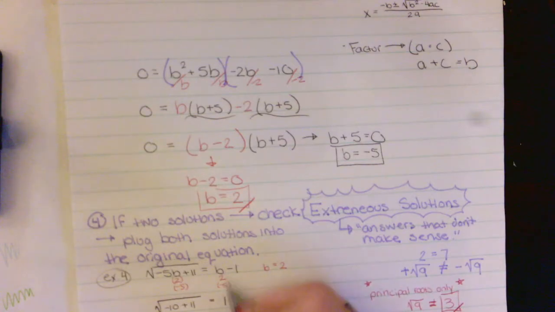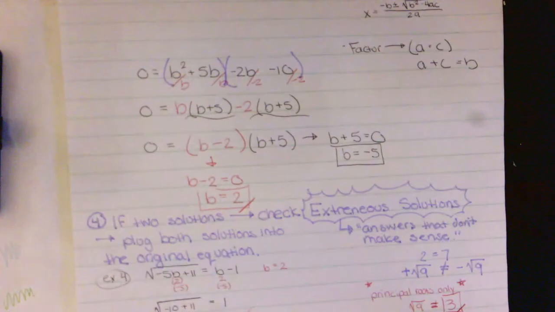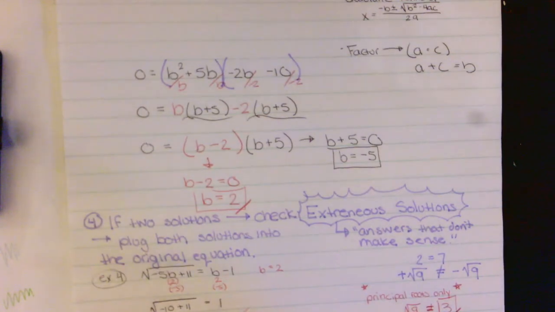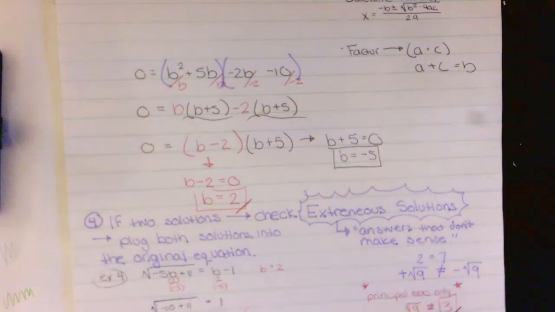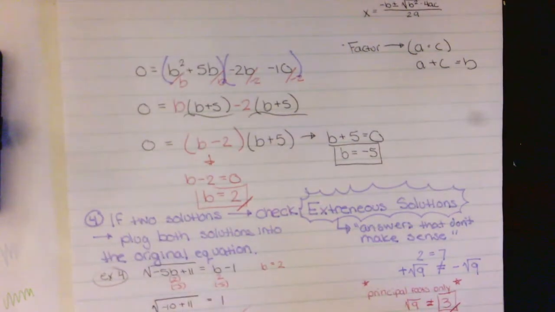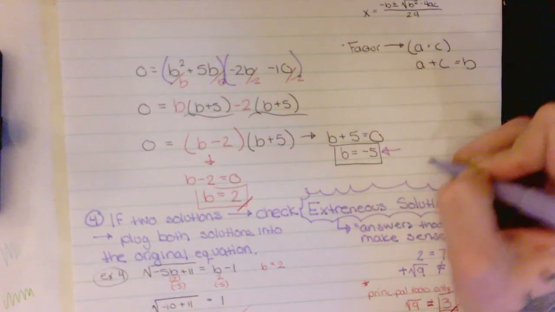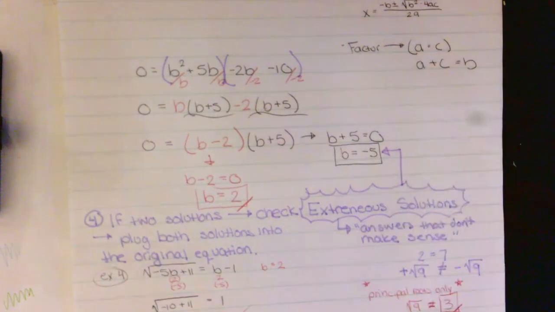Equals, okay, negative 5 minus 1 is negative 6. Now, right away, can the square root of something equal a negative number? Well, we just said no. So that makes this an extraneous solution. Okay, so the only answer I have is b equals 2.